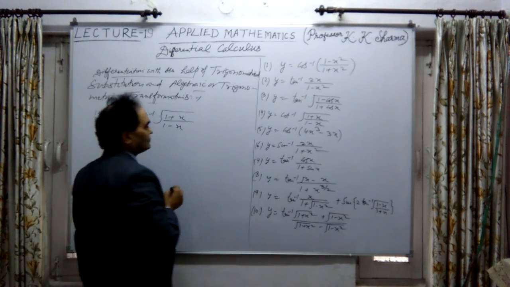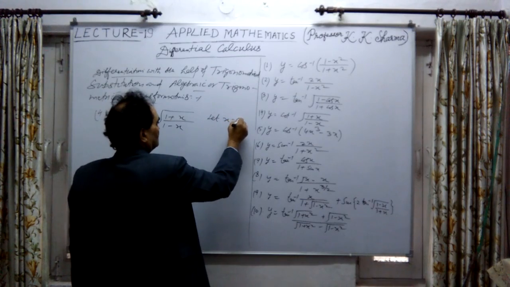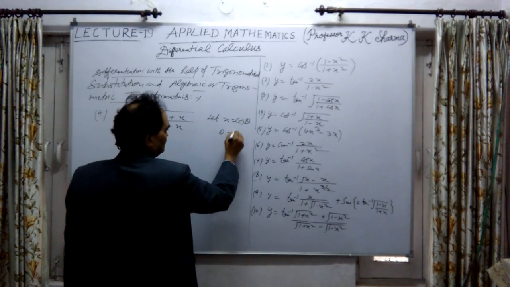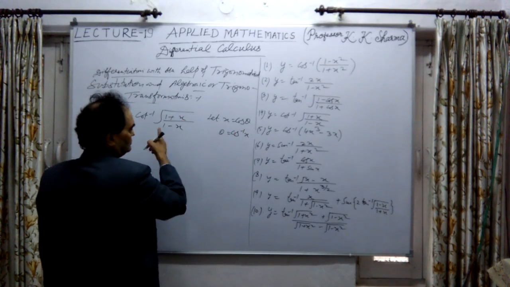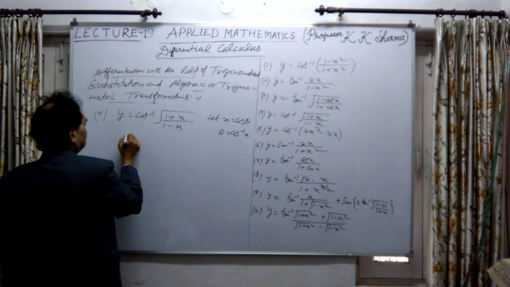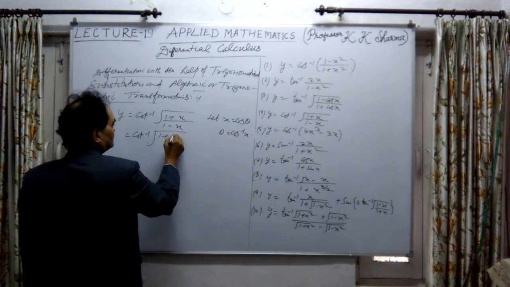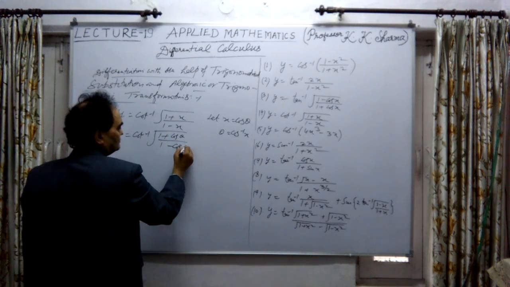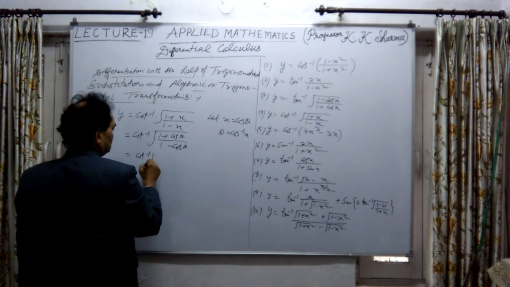Here let x equal to cos theta. So theta will give us cos inverse x. We know 1 plus cos theta and 1 minus cos theta, so it will be cot inverse under root 1 plus cos theta divided by 1 minus cos theta.